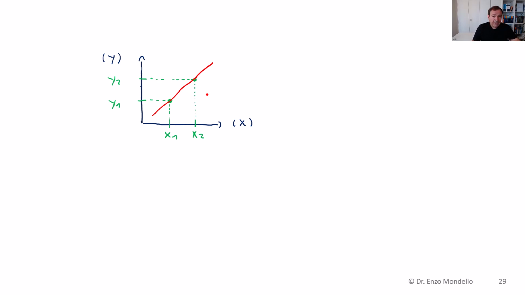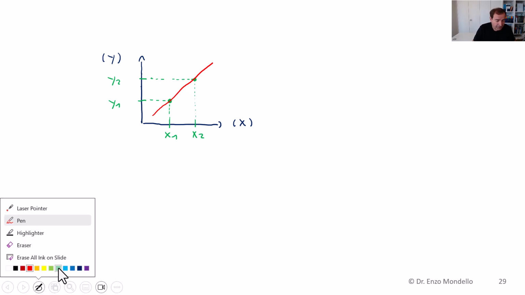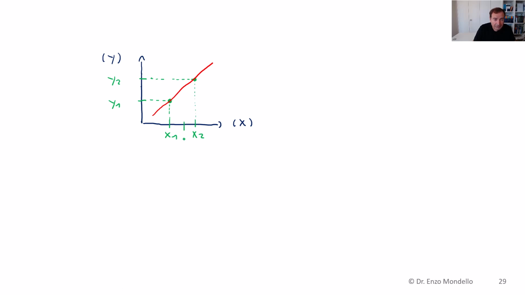Now I can include a third xy point in the diagram. Let's take a point x, here, and this point x also lies on the straight line, and we get on the vertical axis the point y.